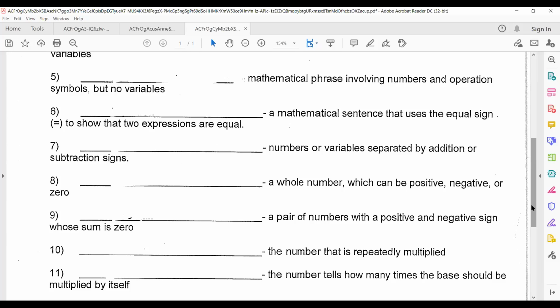What was number 5? Numerical expression. Number 5 is numerical expression. Oh, number 6. Yeah, you're right. I don't know who called me on that, but please do that again.